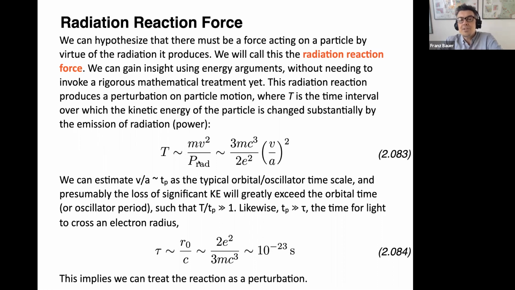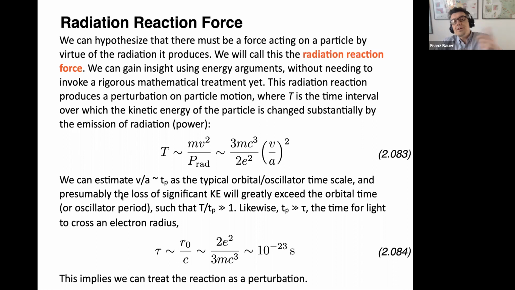The energy per time. And so this is energy per time, divide them out, and you get a time. And so we can plug in our Larmor formula here, and we get out something which looks like that. And so these are all constants. And so this time here is more or less related to this time. And we can estimate velocity divided by acceleration as a typical orbital or oscillation timescale.